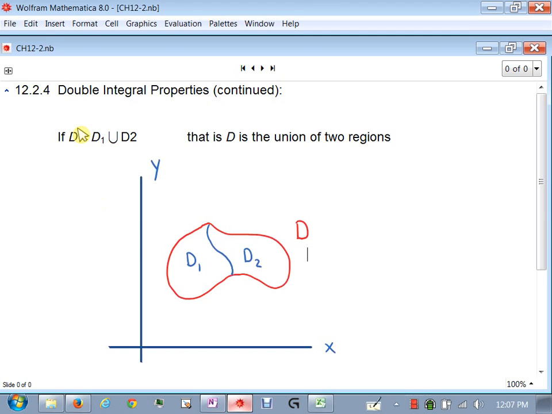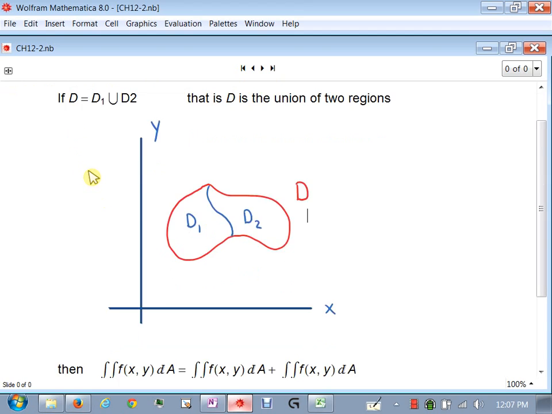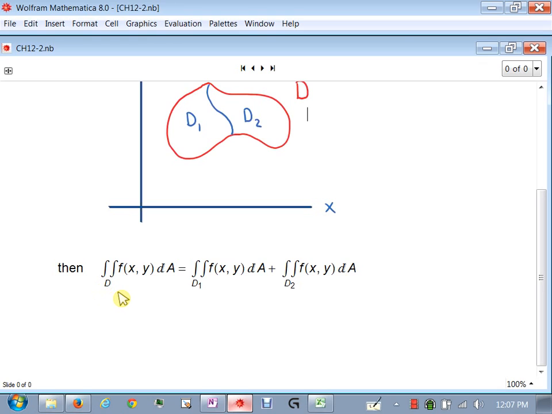If that union is capital D, then the double integral over the entire thing is equal to the double integral over just D1 plus the double integral over just D2. Does that make sense? It's like the volume underneath the surface over the whole D should be the volume over just D1 and just D2 added together. I think that's a pretty natural result.